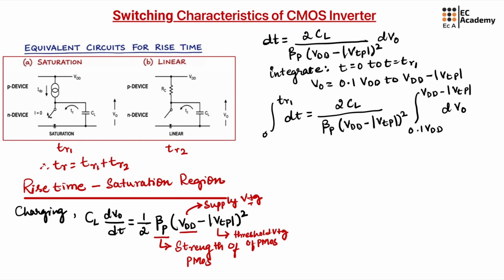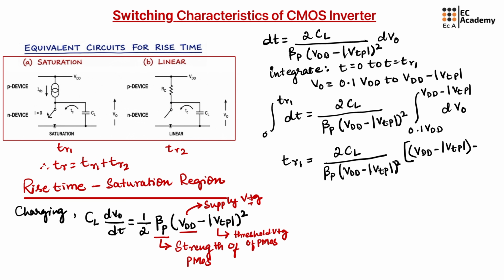If we integrate and apply the limit value, we will get the above equation as TR1 will be equal to 2CL divided by beta P into (VDD minus absolute value of VTP) whole square multiplied with (VDD minus absolute value of VTP minus 0.1 VDD).